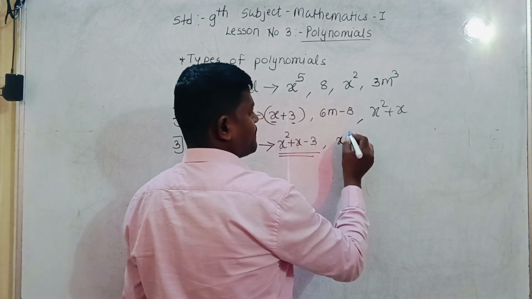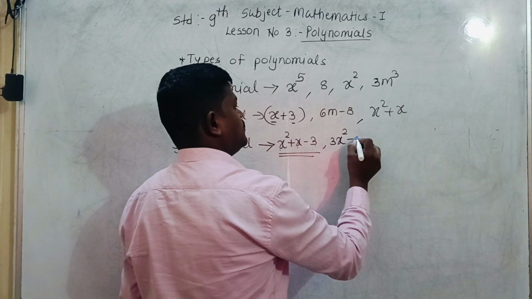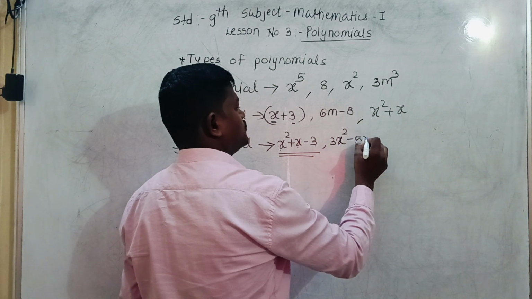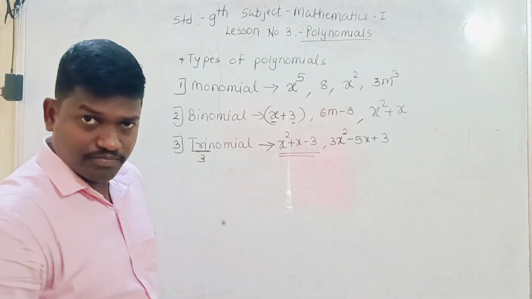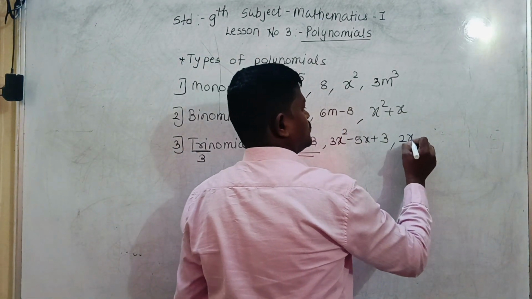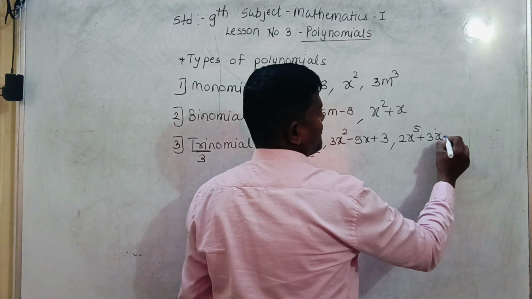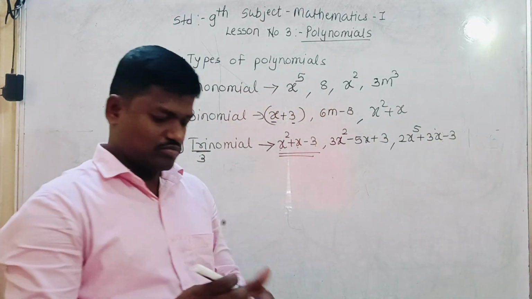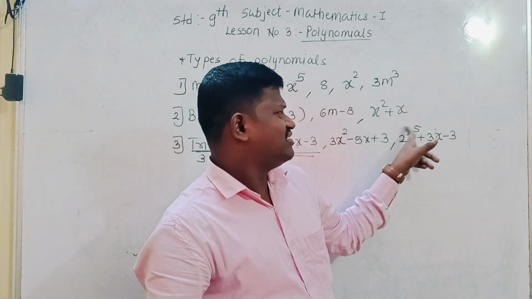Next one, this is also a trinomial, right? Next, see, how many? 1, 2, 3.